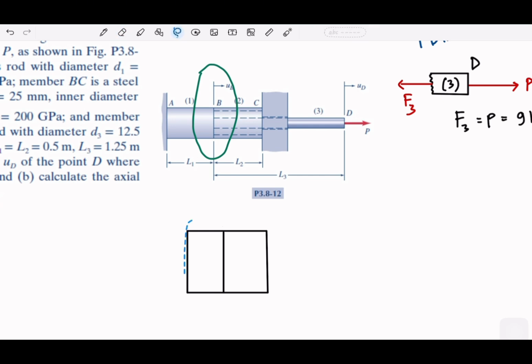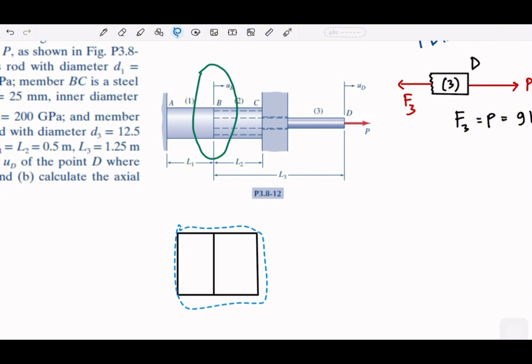Let me make it. Okay. And then we have the inside. Let me copy. So the inside one is the element 3. So let me draw element 3, just a little bit like that.